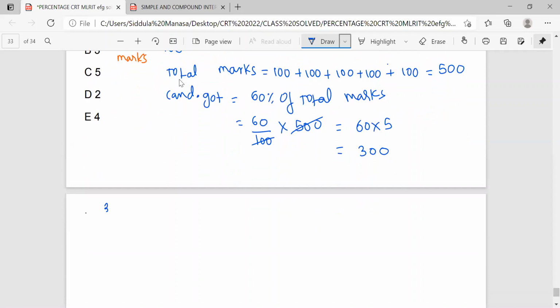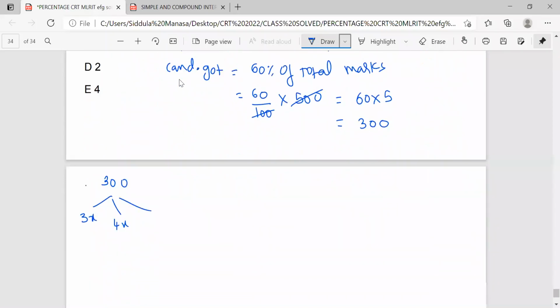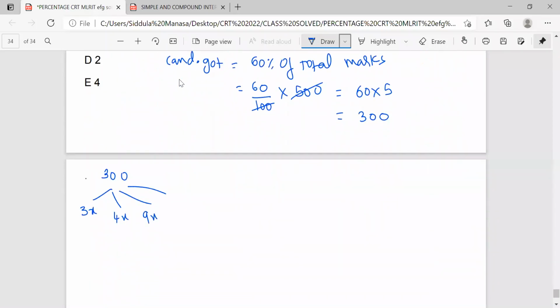So these 300 marks are distributed in the ratio of 3x in paper 1, 4x in paper 2, 9x in paper 3, 11x in paper 4, and 13x in paper 5.